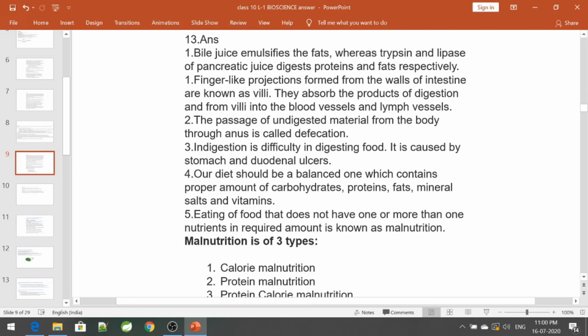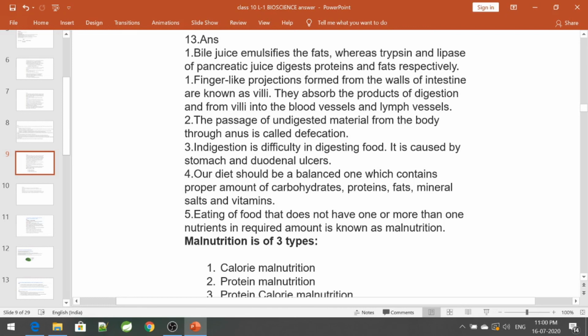Finger-like projections formed from the walls of the intestine are known as villi. They absorb the products of digestion and pass them from the villi into the blood vessels and lymph vessels. The passage of undigested material from the body through the anus is called defecation. Indigestion is difficulty in digesting food. It is caused by stomach and duodenal ulcers.